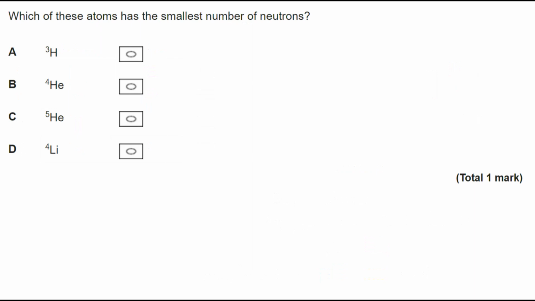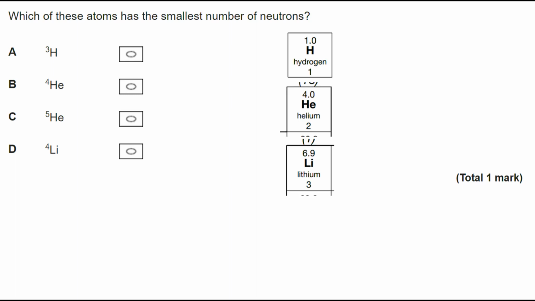Another example that's going to make the most of the information provided to you on the periodic table. We want to know which of these has the smallest number of neutrons. I am going to go through and do the calculations for each one. I'm also going to put the data up so we can see, once again, this is what you would be looking at on the periodic table. Now, to work out neutrons, as you know, we do mass number take away atomic number.